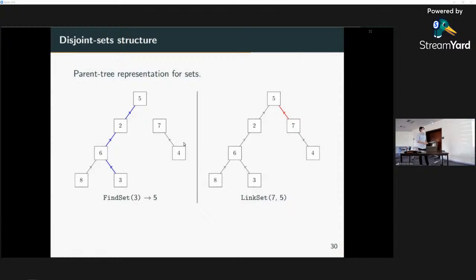For any other element in the same set, for instance 8, we also get the same value, which means we can verify very efficiently that the 2 elements are in the same set. The other operation that we allow is to link sets, essentially merging 2 sets, and this adds an edge in the data structure. This has a very good complexity, alpha n for those operations, where alpha is the inverse Ackermann function, a very slow growing function.